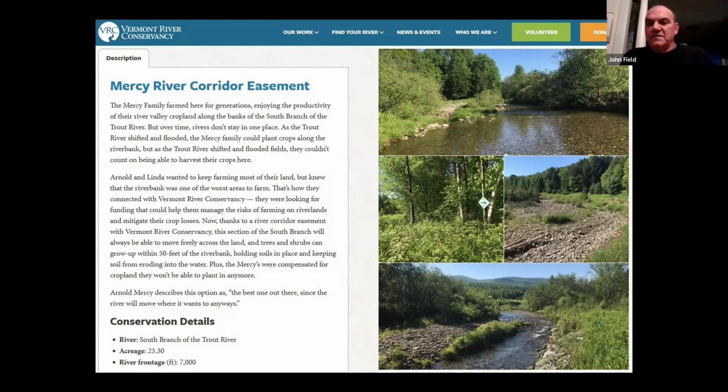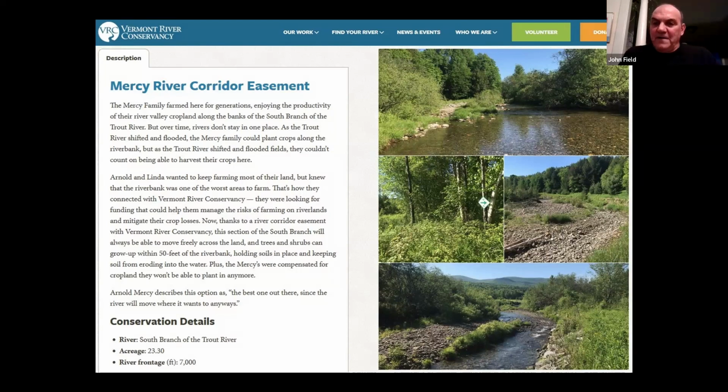We allow the river to migrate freely. And everywhere you're able to do this is taking a little bit of pressure off other areas, maybe areas where we can't do it. And so the more land is conserved, the less that energy becomes focused at those fast change locations I was talking about.